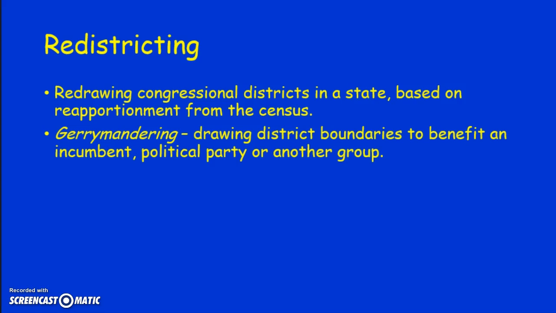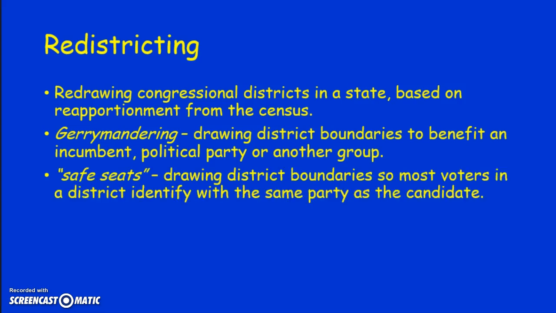And that then might help someone get elected in the party that is the majority party in the state. The state legislature draws these districts. And if the state legislature is majority Republican, they're going to draw as many districts as they can that are Republican districts, majority Republican districts.